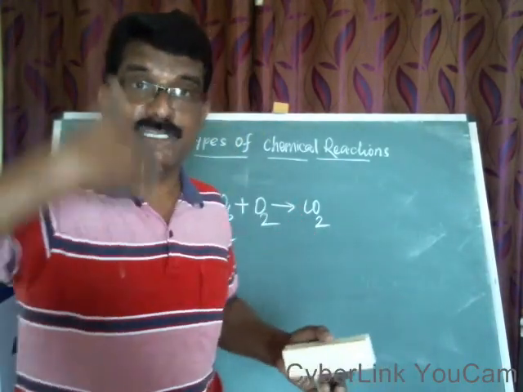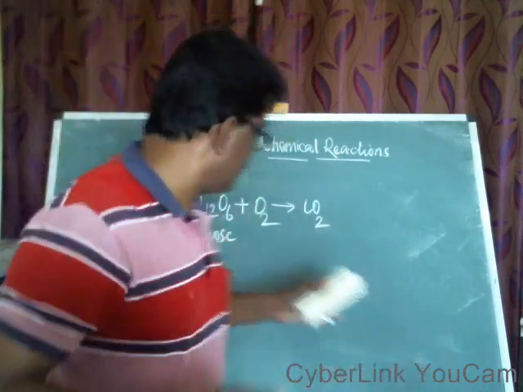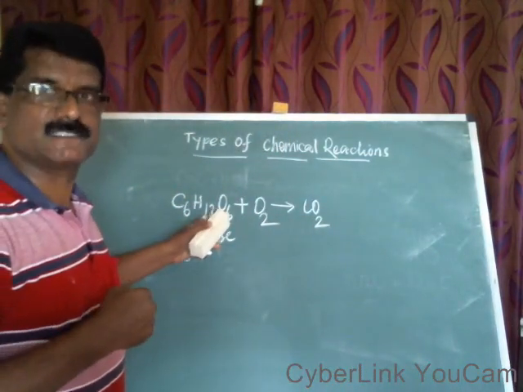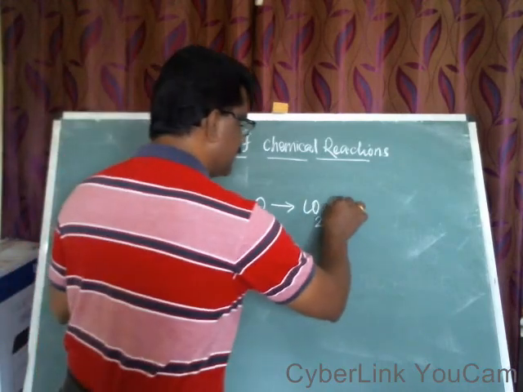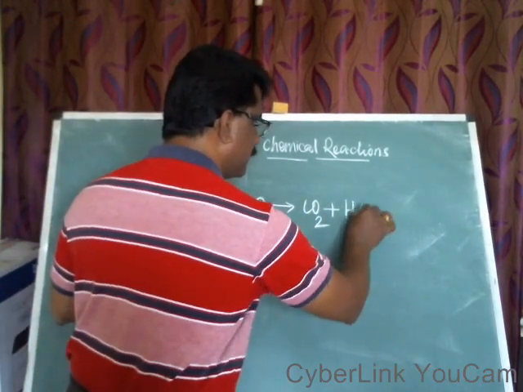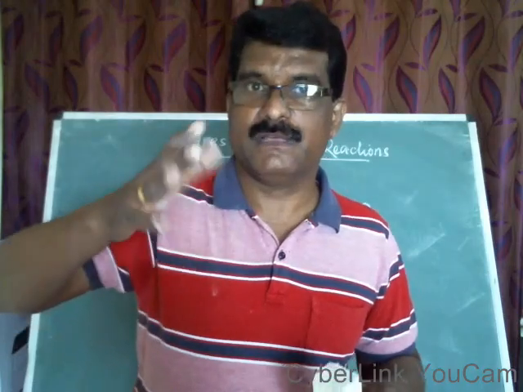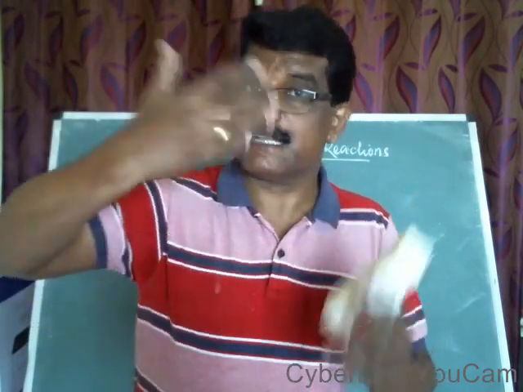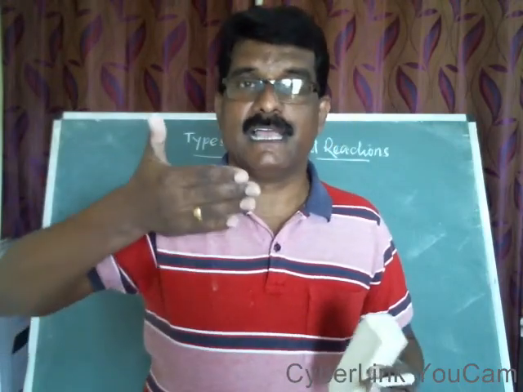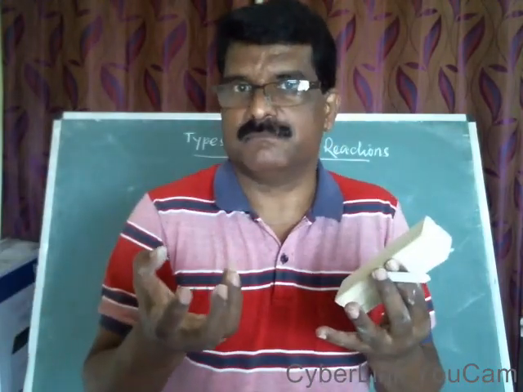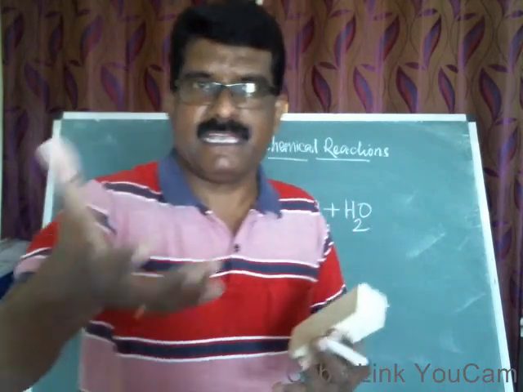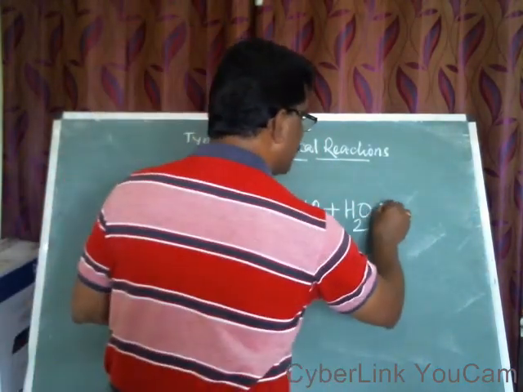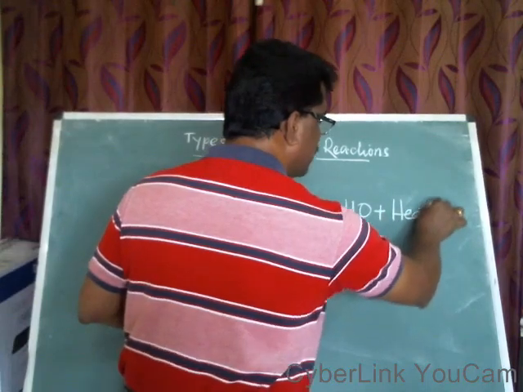The carbon dioxide you are giving out is formed as a result of the oxidation of glucose, plus water vapor. When you exhale in front of a mirror, you can see the water vapor. The gas coming out is carbon dioxide, and you can feel a warmth. That means heat energy is coming out.